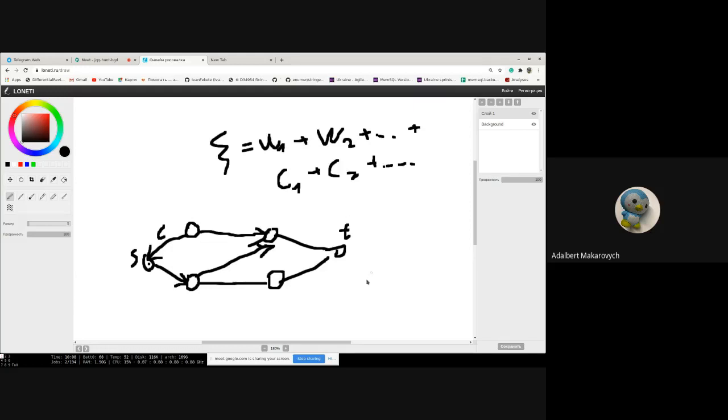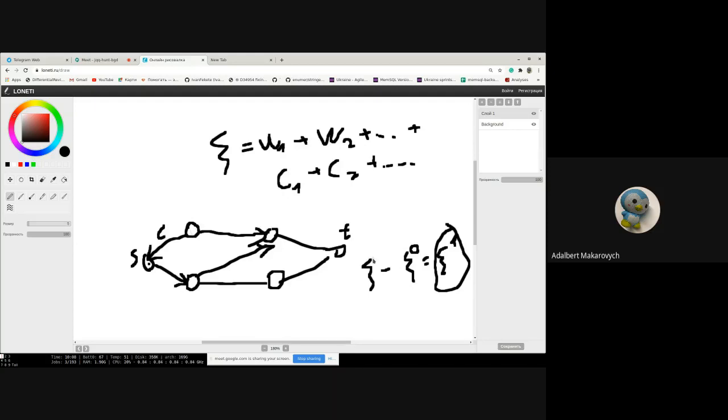Now we can take C and subtract from it C0, and we will get some C1. So C1 is also a flow, because for every node, the amount of flow that goes into it will be equal to the amount of flow that goes out of it.